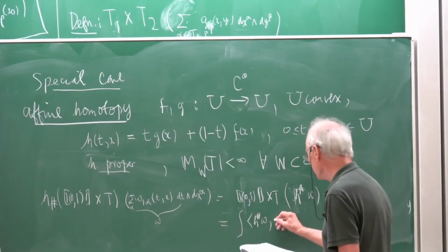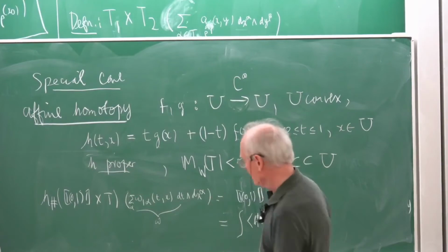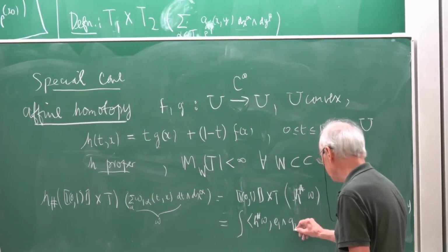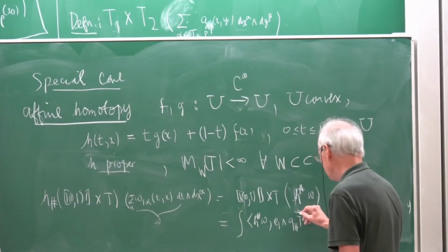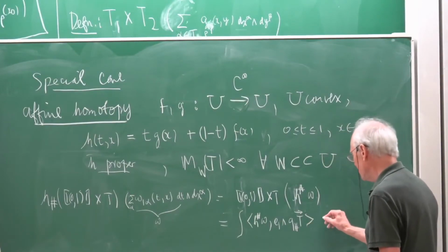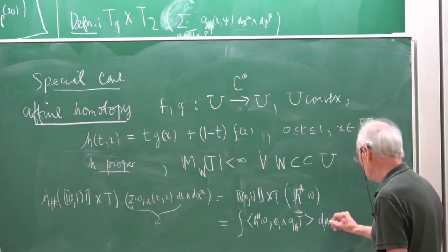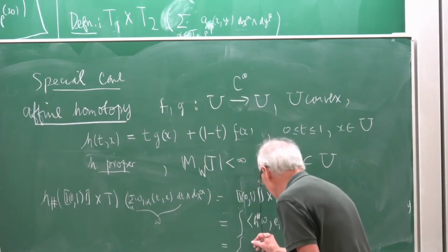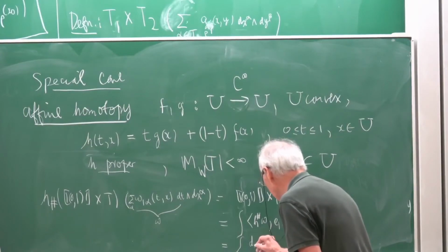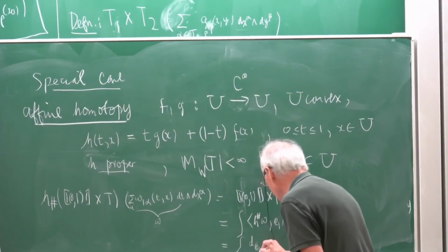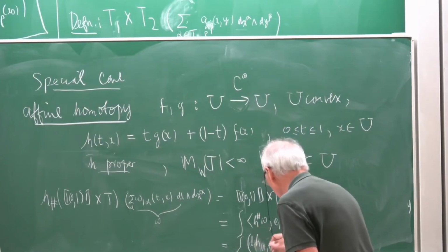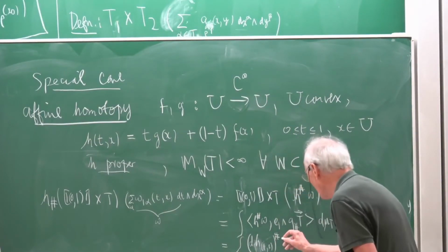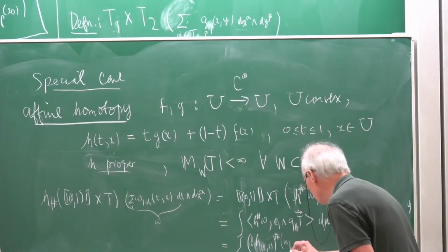Now the t arrow of this, remember, is E1, as I've written over there. The E1 wedge Q sharp t arrow, and it's d mu t. And h sharp by definition means d h at (t,x), the pullback of omega at the image point.